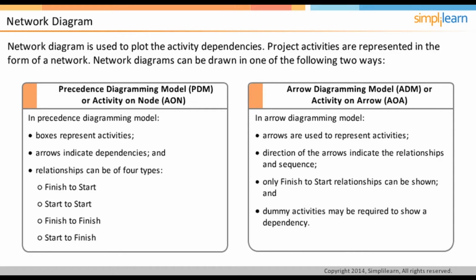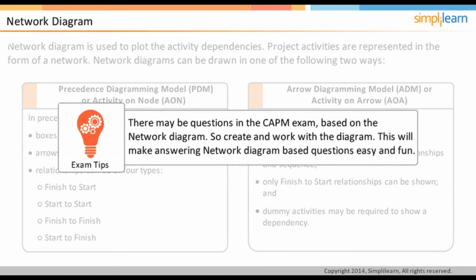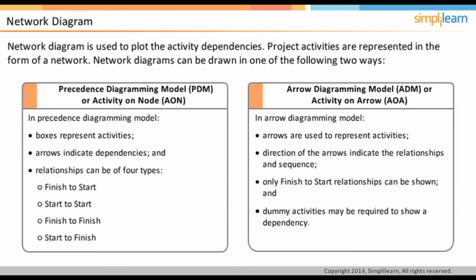Such diagrams may need to make use of dummy activities to indicate some dependency between the activities. There may be questions in the CAPM exam based on the network diagram, so create and work with the diagram. This will make answering network diagram-based questions easy and fun. In the next screen, let us look at a network diagram.